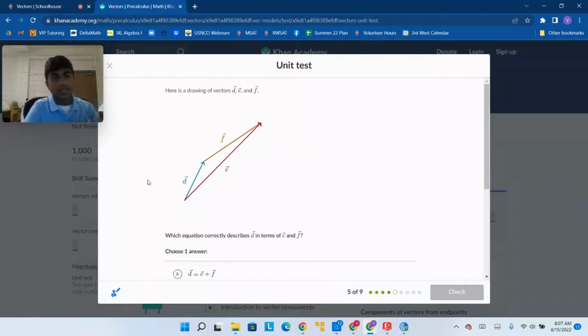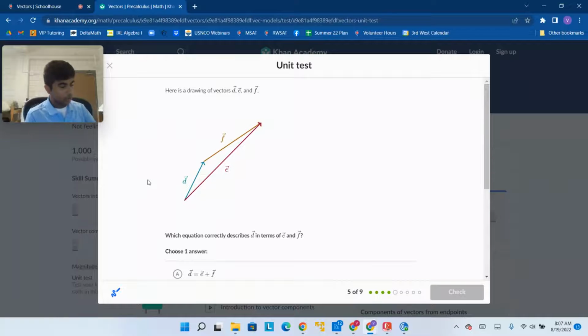So what does that mean? It means that d equals vector e plus negative f, also known as e minus f. Now if you're wondering how we did that, if you add two vectors, you put the start of one on the end of the other.